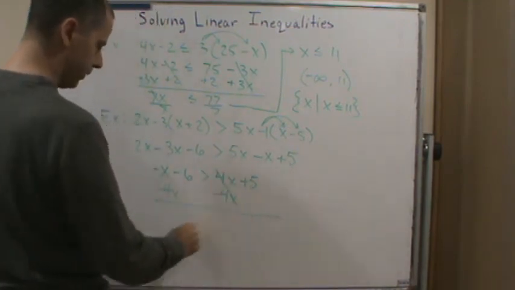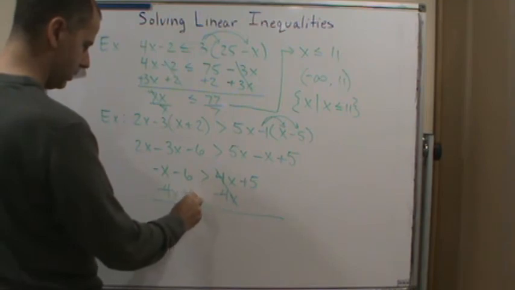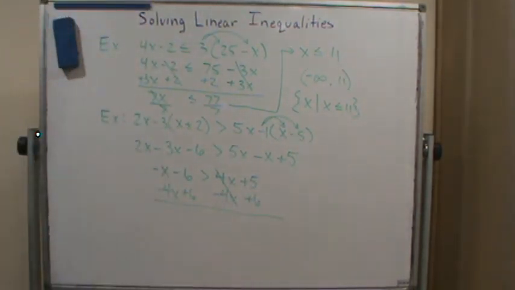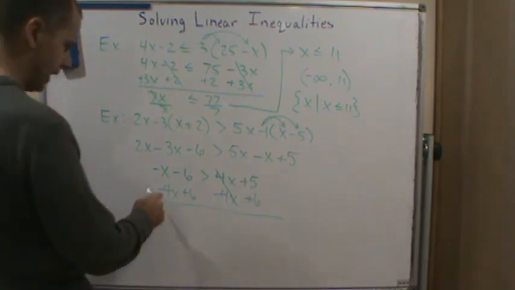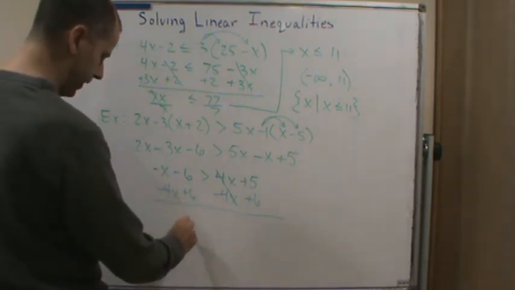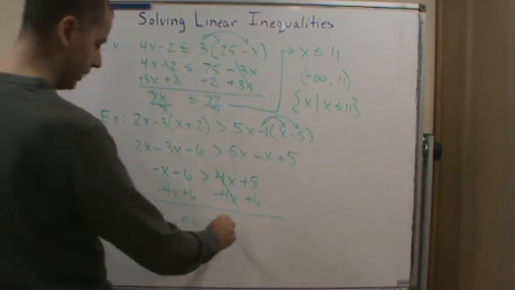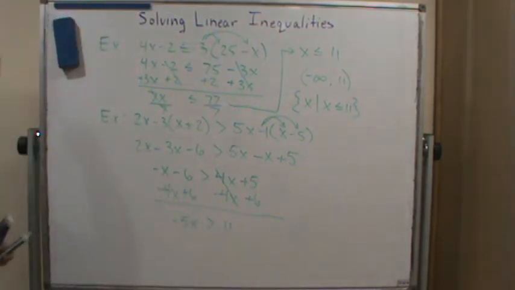Then I'll get rid of those, and I'm going to add 6 to both sides. That gives me that. And so now in this case, what do I get? I get a negative 5x is greater than 11.